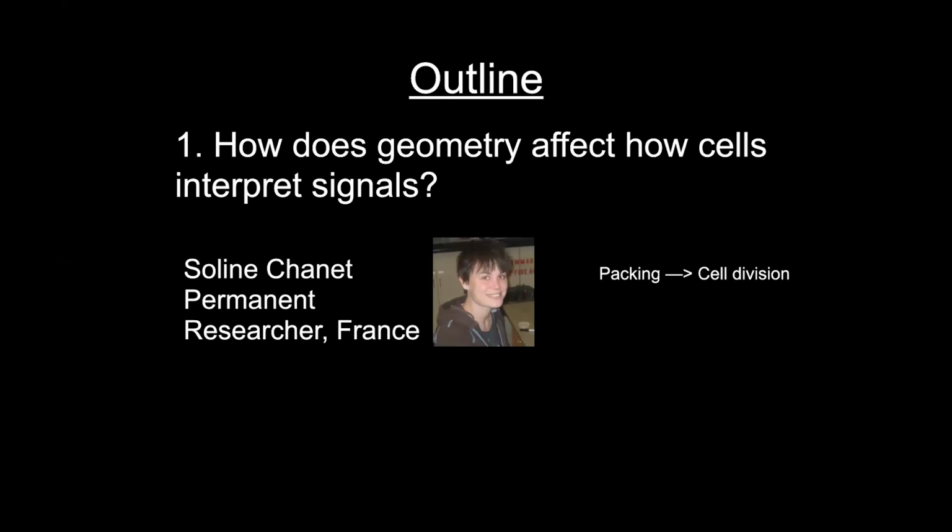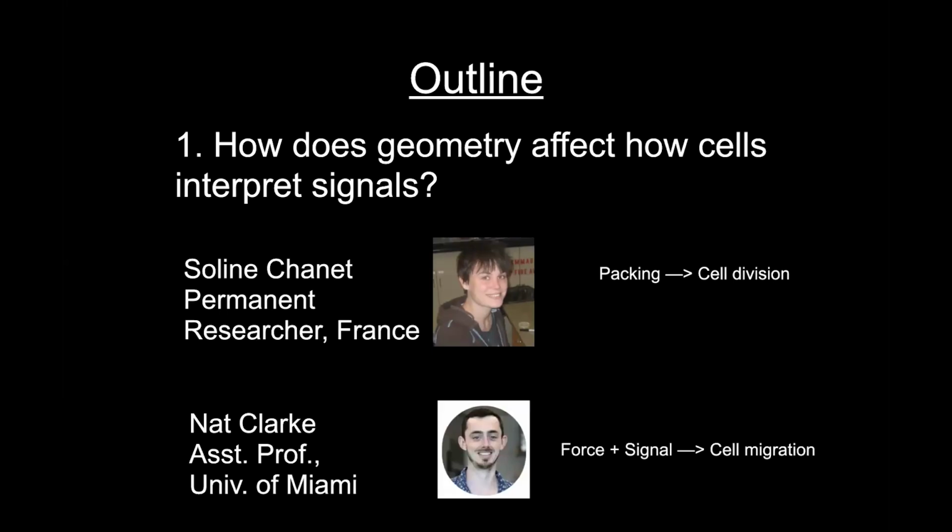And then I'll tell you about a story from another former postdoc in my lab, Nat Clark, who showed how mechanics and signaling together coordinate this internalization of mesoderm with the body axis extension of the embryo.